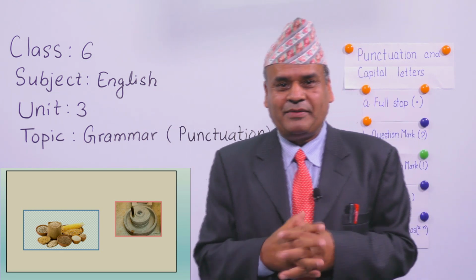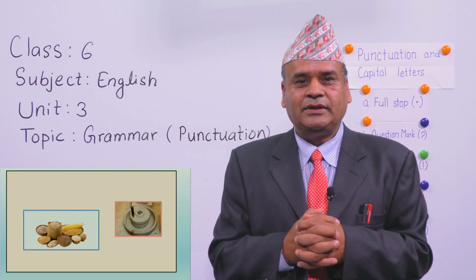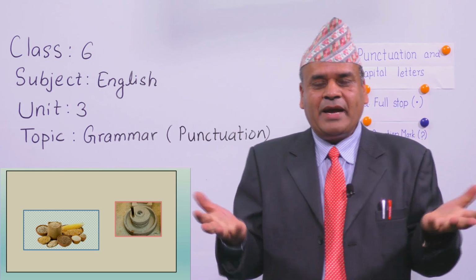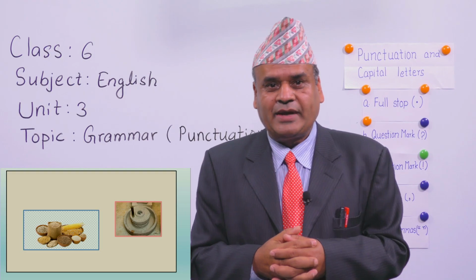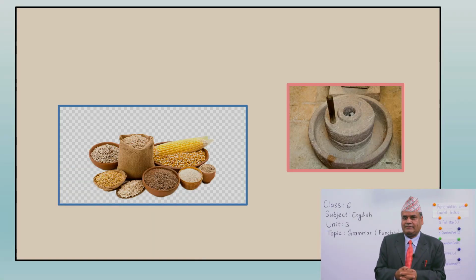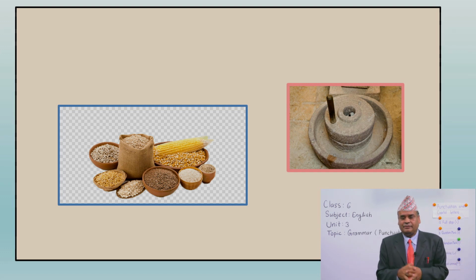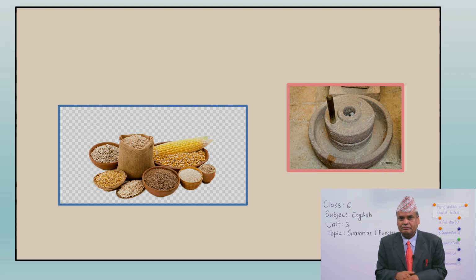It's not very common nowadays, but it was common in the past. Perhaps your parents or grandparents might have used it. Okay? So, can you guess what that is? Yes, a grinding stone. What is it used for? It is used for grinding different kinds of cereals.